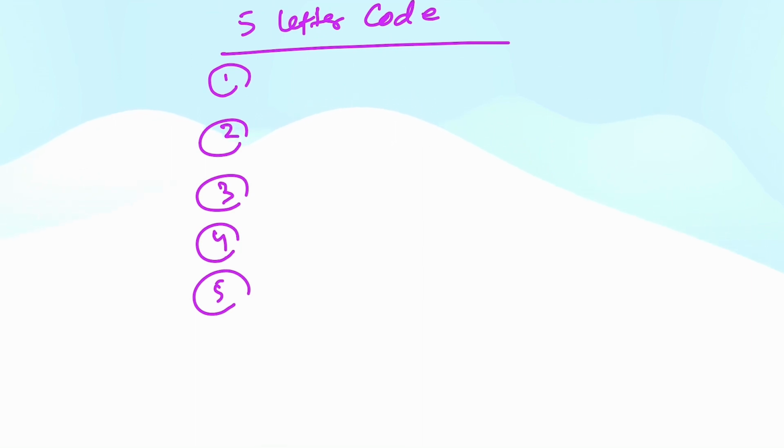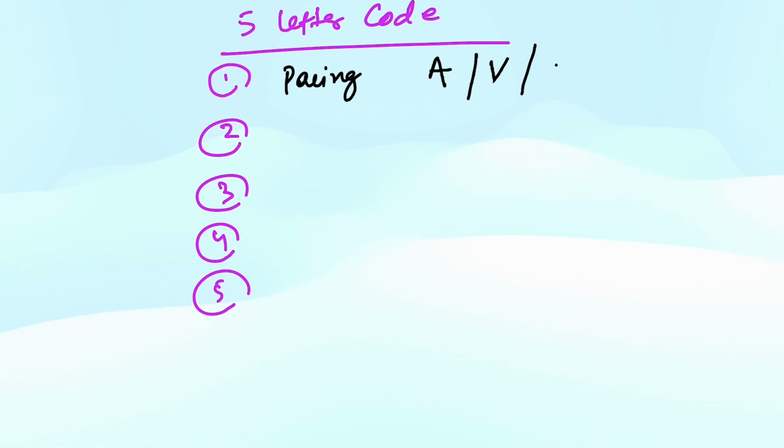The first letter signifies the pacing, whether it is pacing the atrium or the ventricle or dual, meaning both A and V, atria and ventricle. The second letter represents sensing.